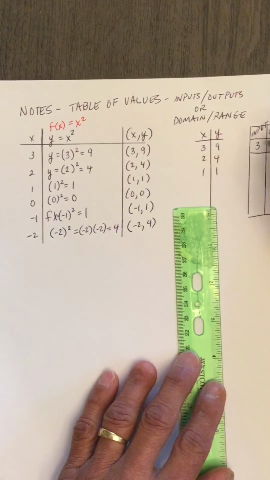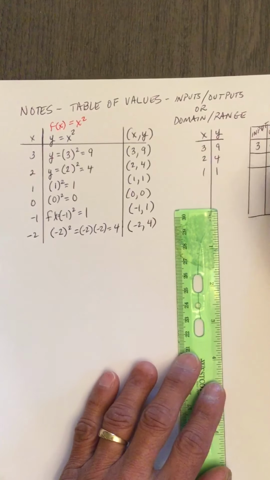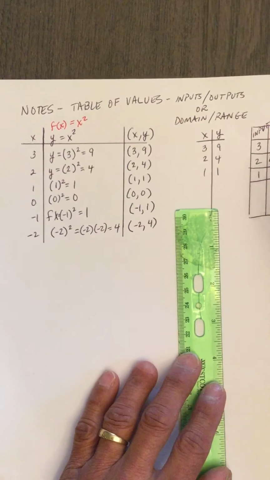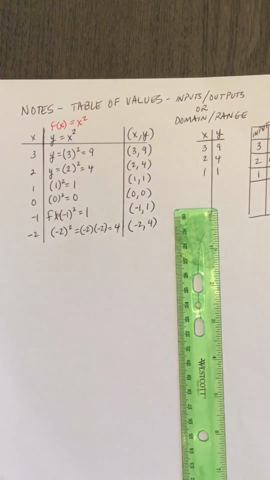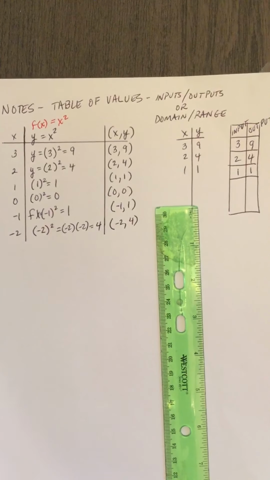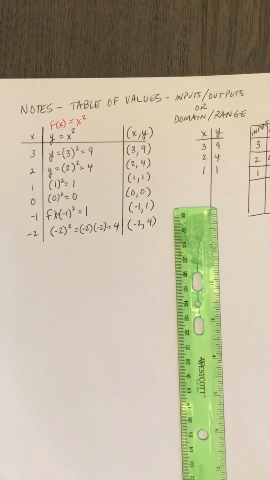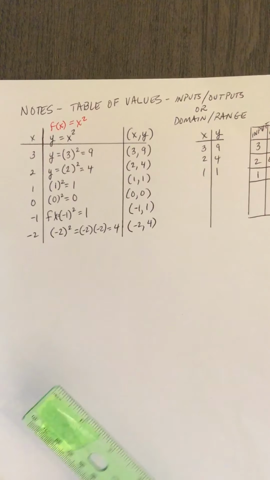If I put in a 3 into this original problem, I get a 9 out. If I put a 2 into this problem, I get a 4 out. If I put a 1 in this problem, I get a 1 out. So don't get confused on what we're doing here. It's the same thing. All three of these tables are the same.